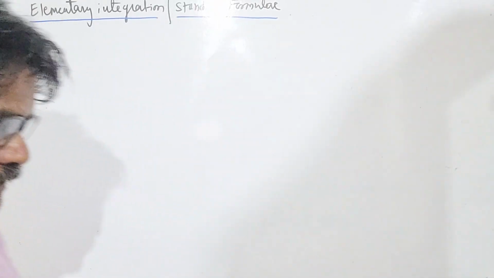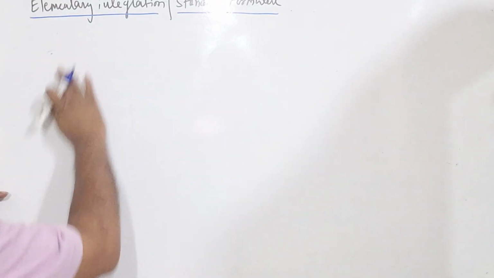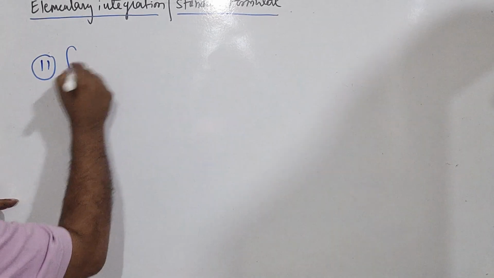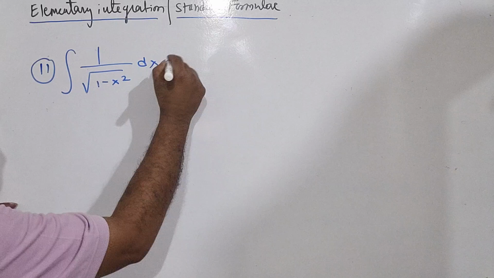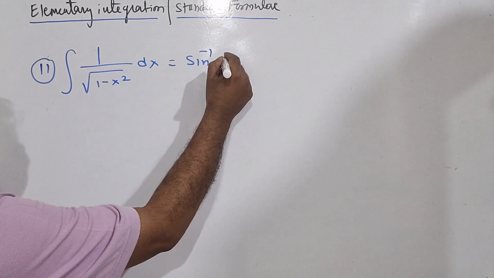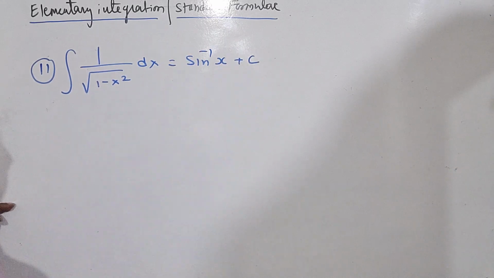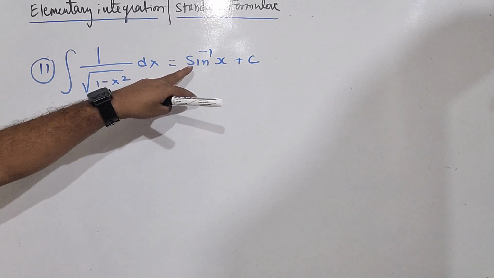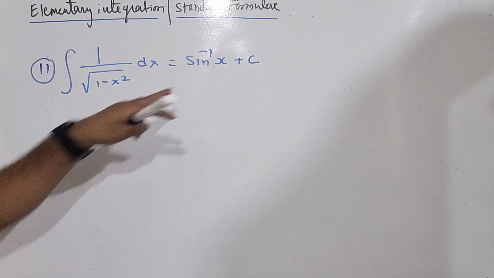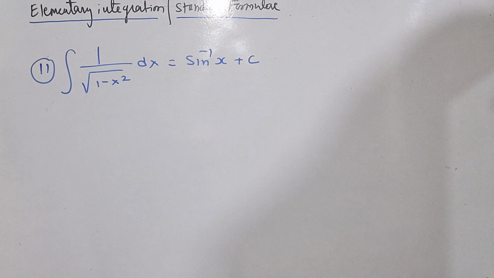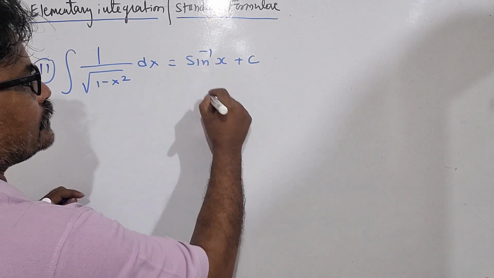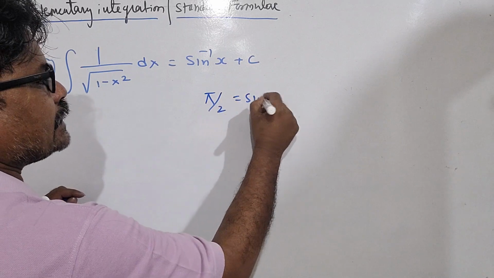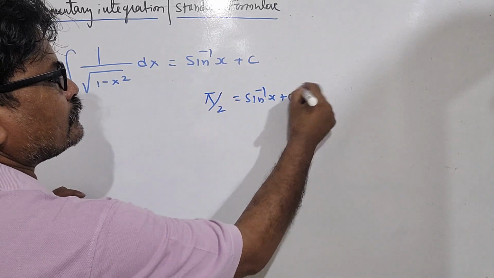Now coming to the three more standard formulas, that is the 11th one. 11th one is integration of 1 upon square root of 1 minus x square dx, that is equal to sine inverse of x and of course plus c. Now look at here. The differentiation of sine inverse x is 1 upon square root of 1 minus x square. But in inverse trigonometry we know that pi by 2 is equal to sine inverse x plus cos inverse x.